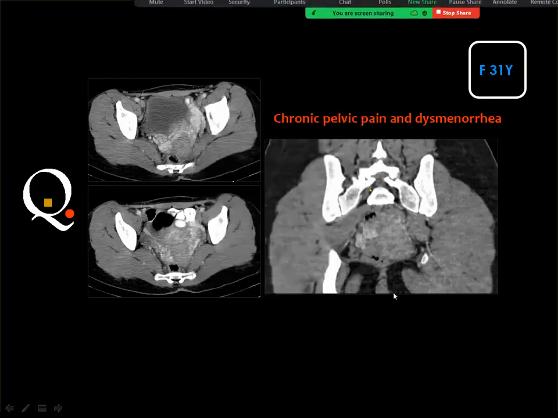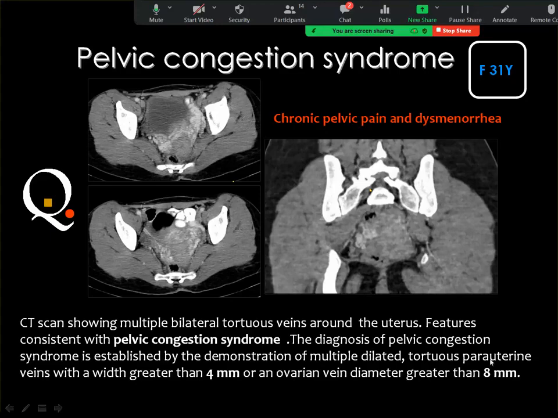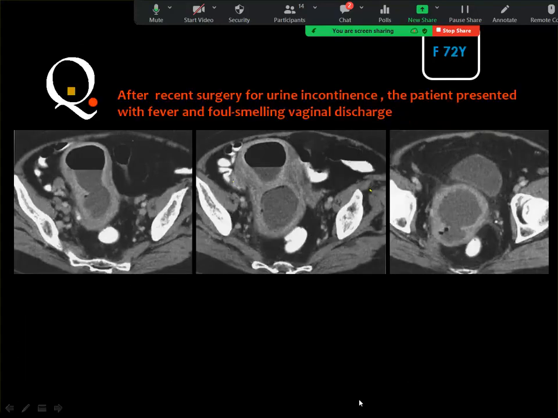Yes, and this is the right answer, pelvic congestion syndrome, where you get multiple dilated venous channels in the pelvis surrounding the uterus. And also, if you have sections high up, you can see that the ovarian vein is also dilated. And this is a diagnostic feature of pelvic congestion syndrome.